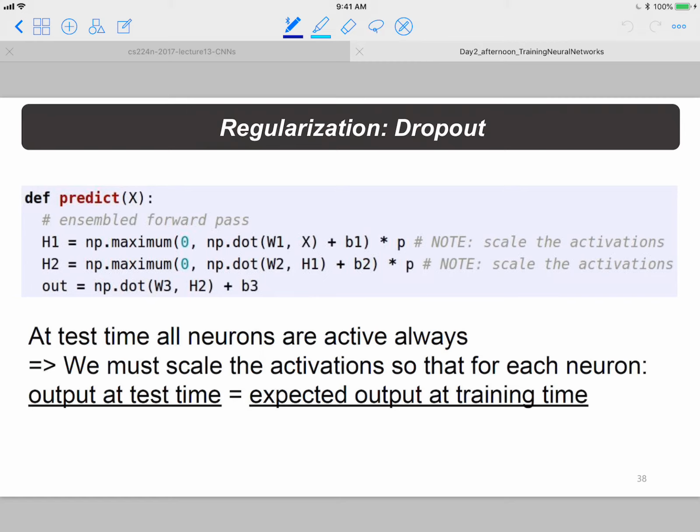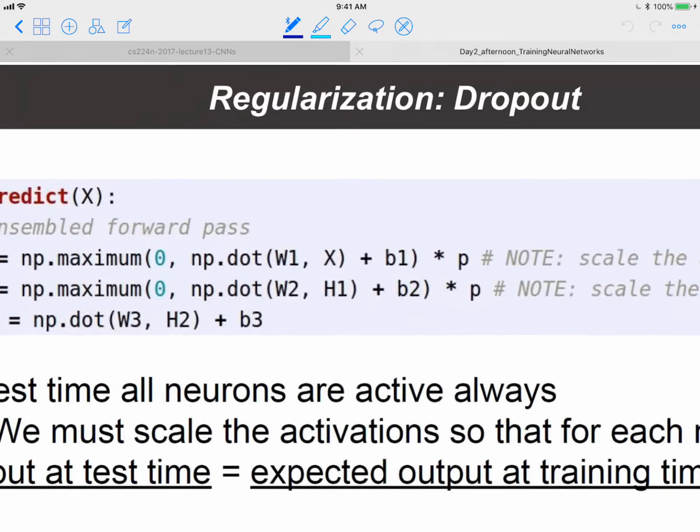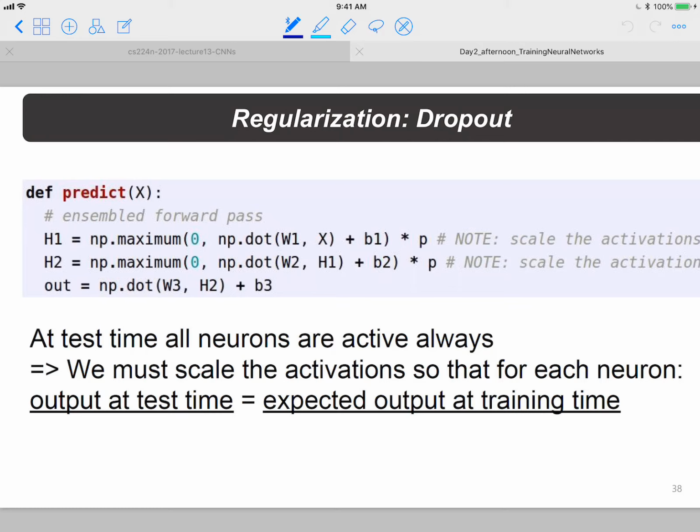I may be wrong, but this is a code-level implementation of dropout, where we have an output that is a linear transformation plus bias, then goes through the ReLU nonlinear transformation by doing this max operation, and then we multiply p at the output of this activation, whether it's an internal representation or maybe the last layer.